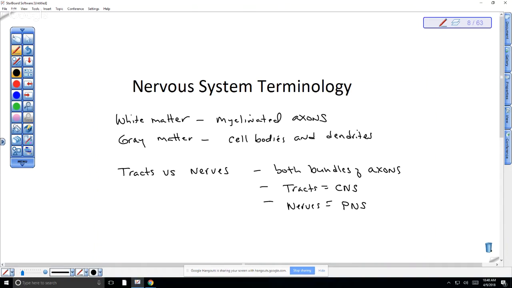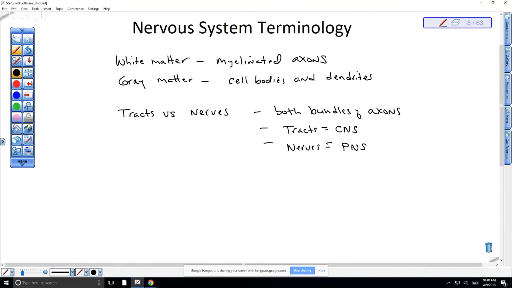Okay. We can also talk about nuclei, and I'll put nuclei versus ganglia. So nuclei, you want to get away from the idea that it is a nucleus in a cell because these are just aggregations of cell bodies.